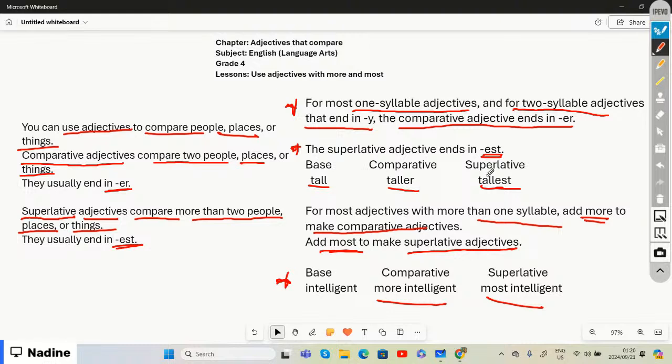All right. And then we see when it comes to one syllable or more than one syllable, right? Here we made an example of superlative adjectives that end in est. Tall, taller, tallest. So tallest is our superlative adjective.